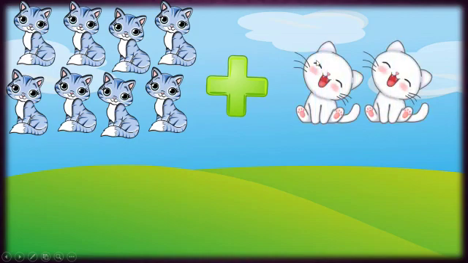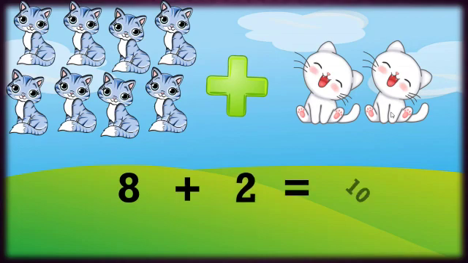Now count next from 8. 9 and 10. Very good. We need 2 cats more to make it 10. Now what will we write down? Our question is 8 plus 2 is equal to 10. That means if we add 2 to 8, that makes 10.